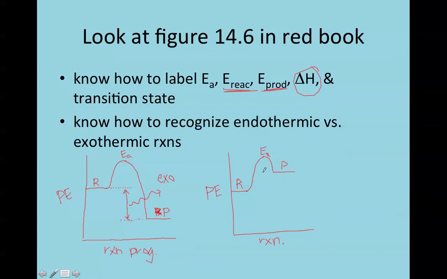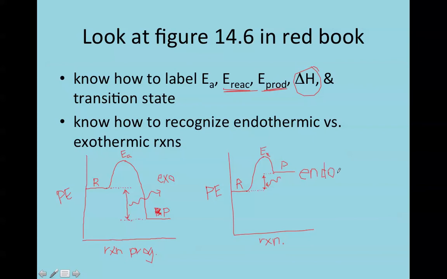Now in this case, the difference between the energy of the products and the energy of the reactants had to be absorbed. And so the energy had to come in, which makes this an endothermic reaction. It's so slow. I'm really sorry, guys. So this is an endothermic reaction.